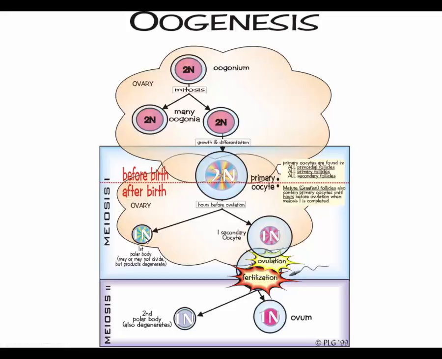Just like we said with meiosis, we always have 4 haploid cells at the end. So if this one did divide again in meiosis 2, we could have 1, 2, 3, 4 cells like meiosis 2 should provide. But with eggs, we really only need 1 mature egg. So these polar bodies degenerate and they don't really have any function. So this is where all the action is. This is what we want. So this is a haploid cell.